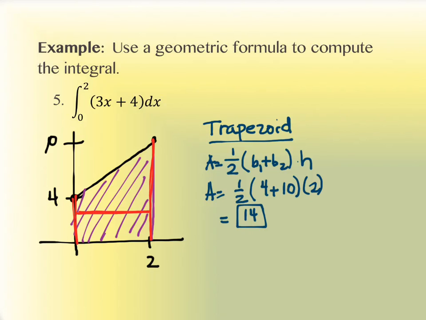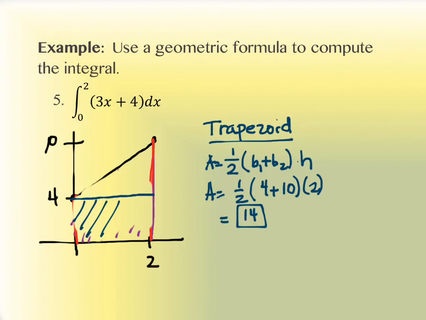Now, if you didn't see the trapezoid, or maybe you saw it after we said it but that's not how you thought about it, another really popular way is to think about it as a rectangle and a triangle put together. Here's the rectangle, and then here's your triangle.